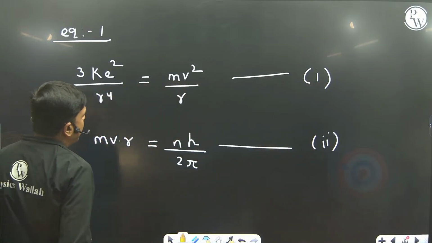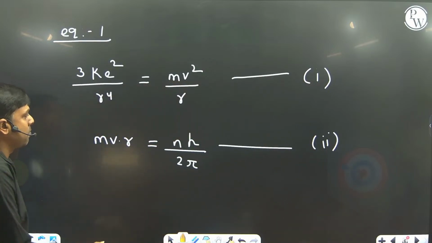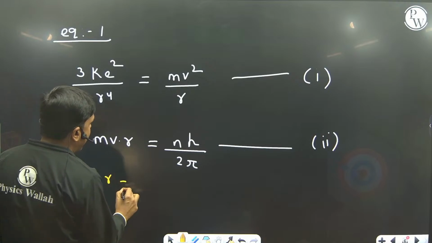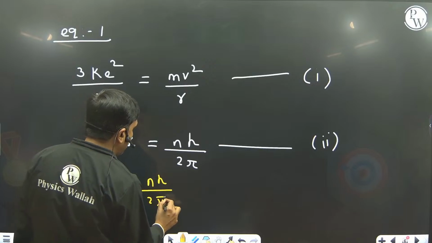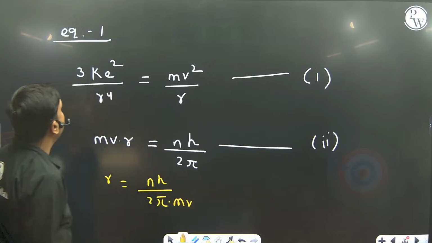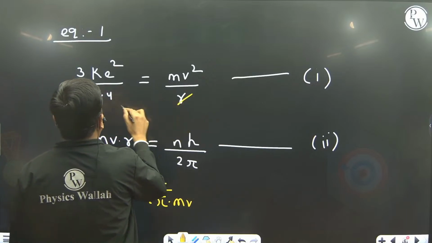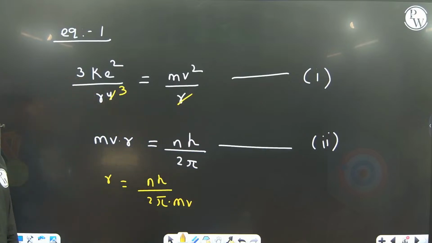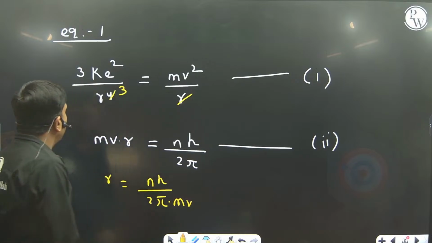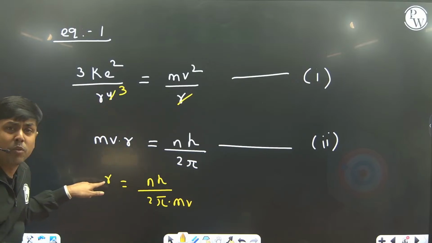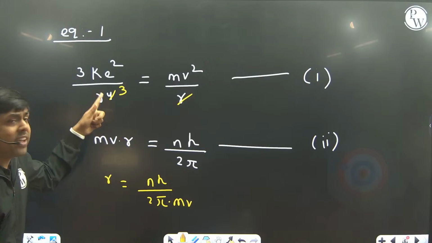mvr equals nh by 2 pi, so I can write this r as nh upon 2 pi mv. And here one r will cancel out, so I will have 3Ke square upon r cube equals mv square. Now here r cube is there, so if I calculate the value of r cube from here, I can put it there.